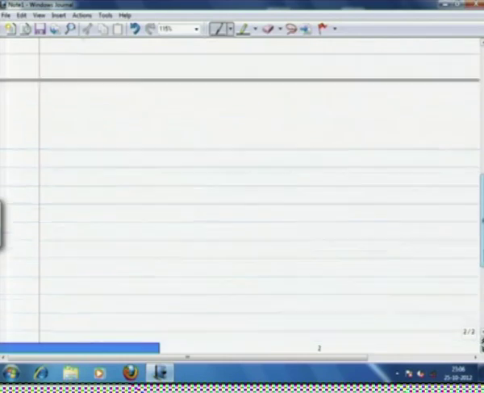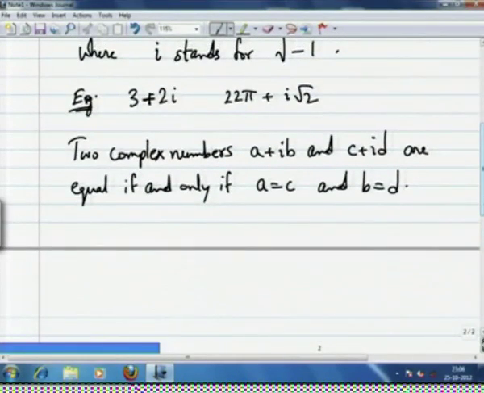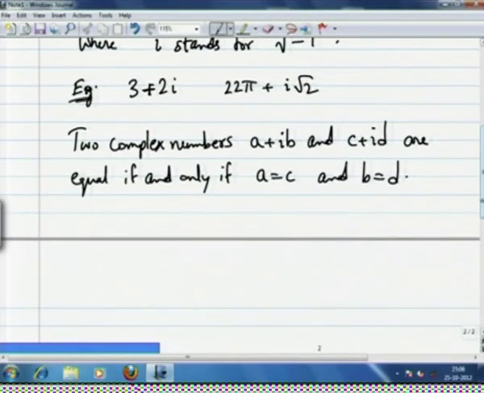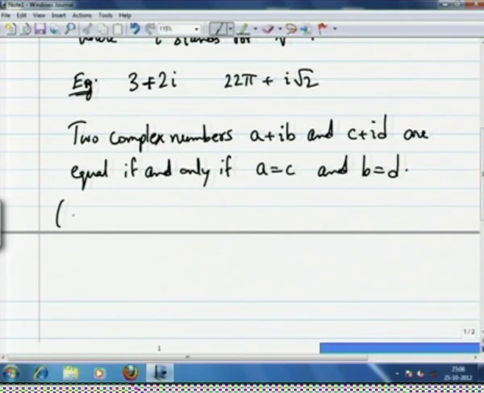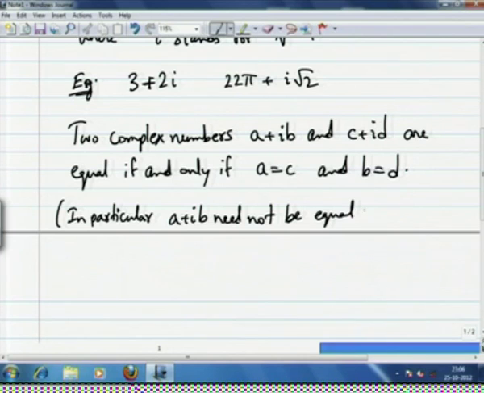Okay. And so in particular, a plus I b need not be equal to b plus I a.